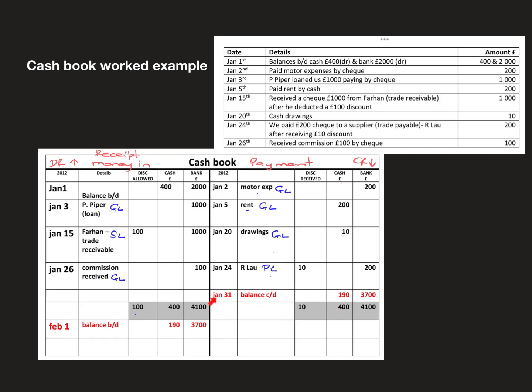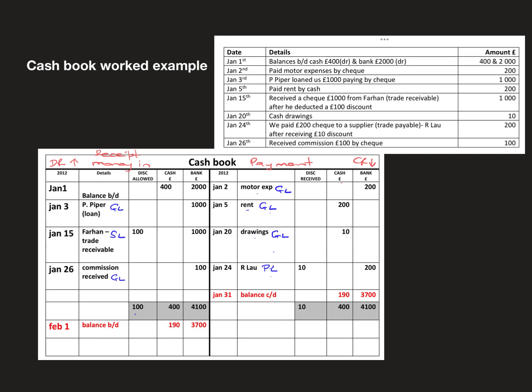At the end of the month, to make both sides equal, I'd put 190 on the credit side. So when I add 190 plus 10 plus 200, it gives both sides the same for the cash column, 400. But then I need to transfer the total to the opposite side as my balance brought down on the first of the month. So February 1, balance brought down 190.